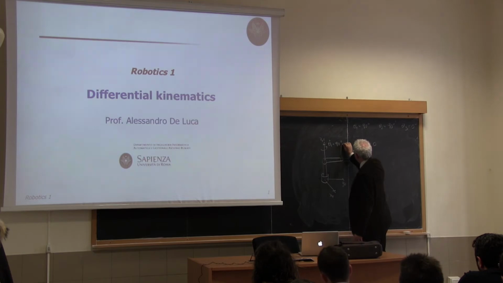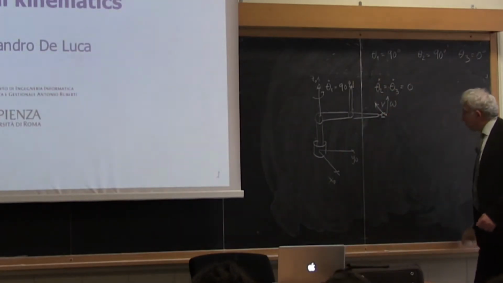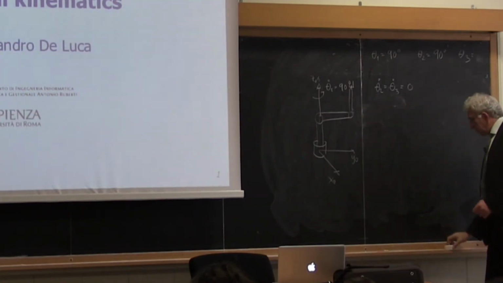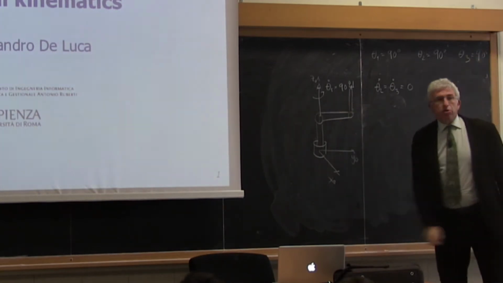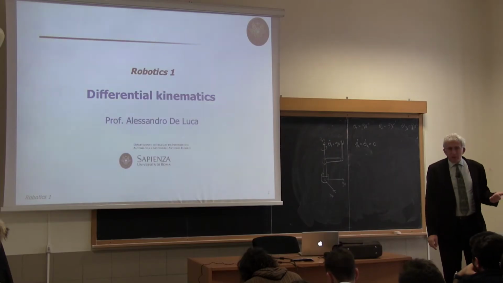Well, there's another story here. Suppose that we change configuration. Okay? And we put the arm in this configuration, and we give the same joint motion. Now, question. Do we have a linear velocity at the end effector?